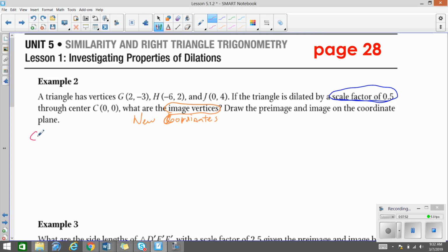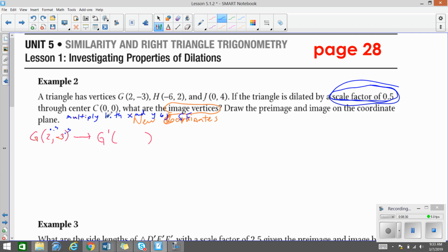I'll take G, which is (2, -3). To get to G prime, I'm going to take this scale factor of 0.5 and multiply both x and y by the scale factor.